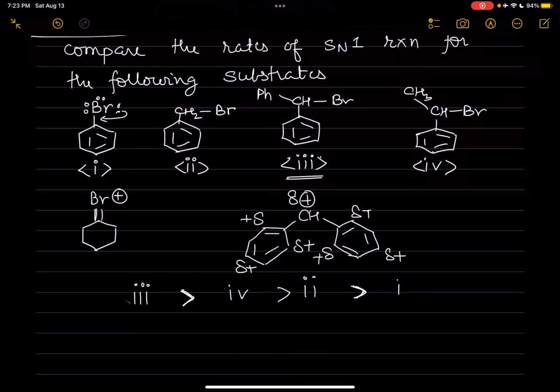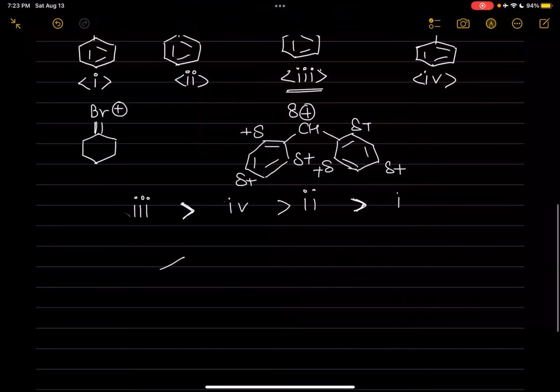The leaving group has lone pairs, and those lone pairs are just adjacent to the pi electrons of the benzene ring. I can draw an orbital picture which will look like this. These are the lone pairs of the bromine and these are the pi electrons of the benzene.